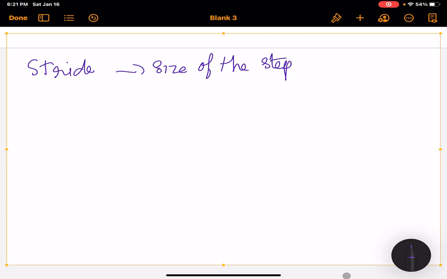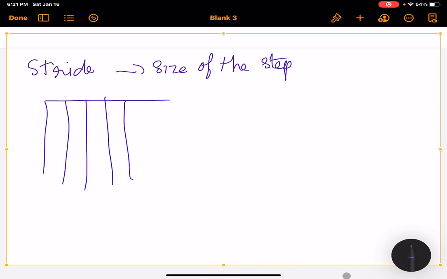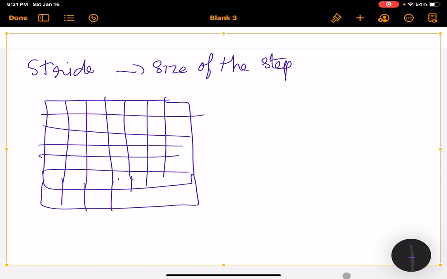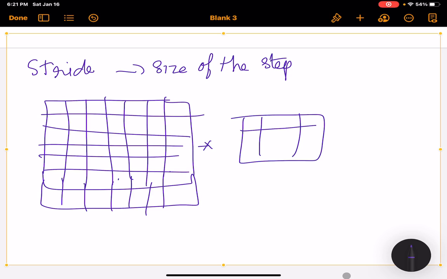Now, suppose that I have a 7 cross 7 image, and I am using a 3 cross 3 filter, and I'm saying I'm using a stride of 2.